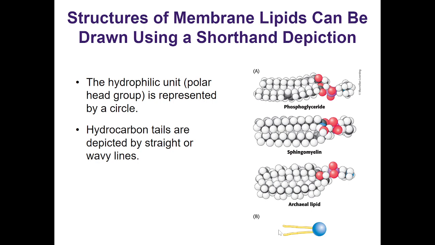Wow, is that an okay term to use? Okay. And then these are the heads right here. This is the archaeolipid. Notice that it has those branches coming off of here, that we just talked about. And this is the sphingomyelin right here. Notice that one of these is the sphingosine. That's the phosphoglyceride.